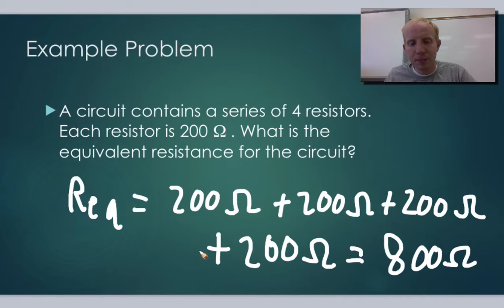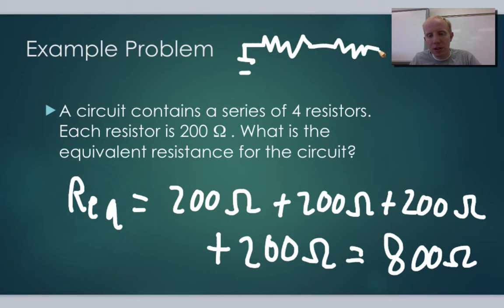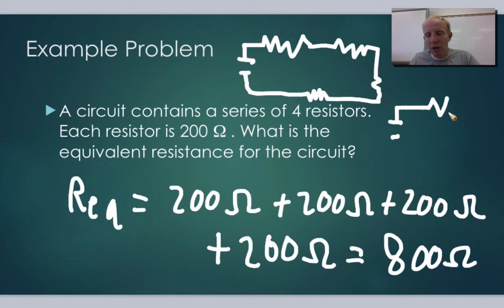So if I was building this circuit, and you had four 200 ohm resistors, that would be equivalent, as far as the current goes, to having one resistor that's 800 ohms.